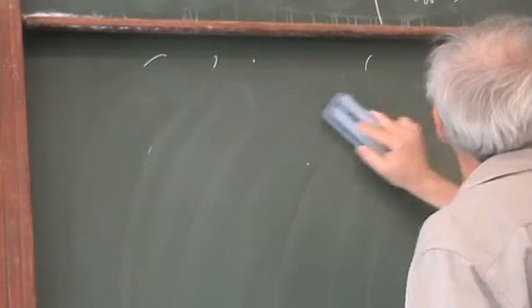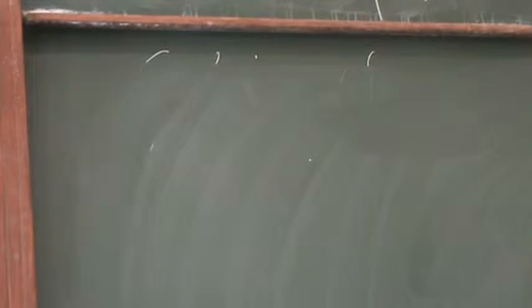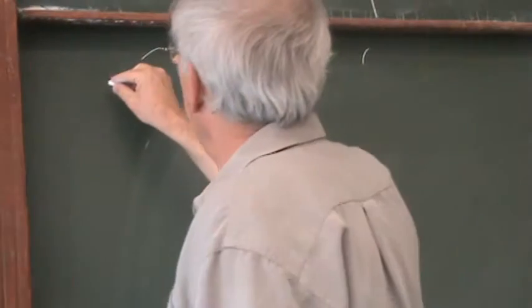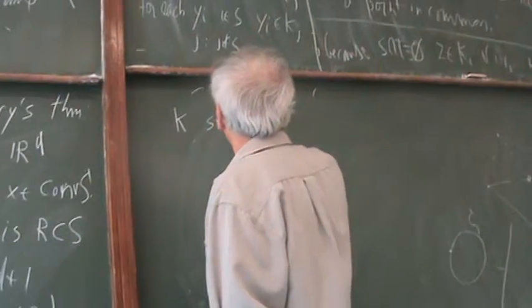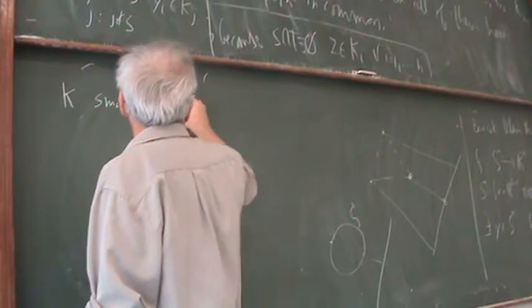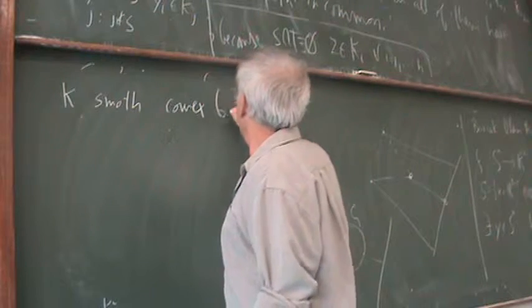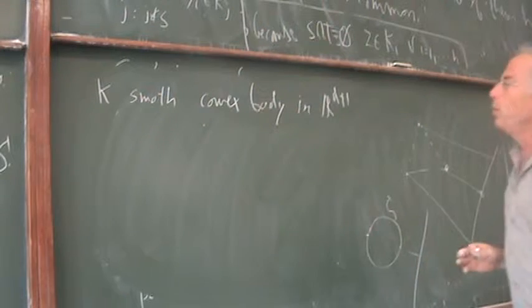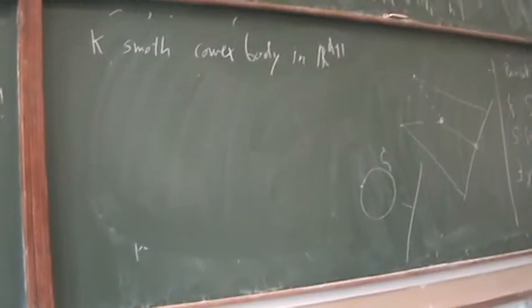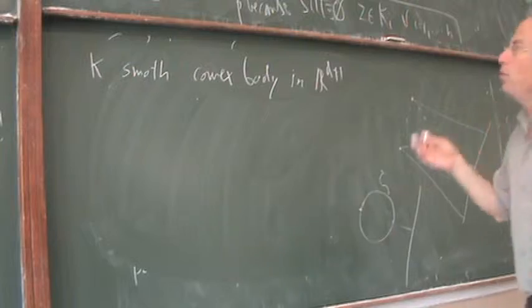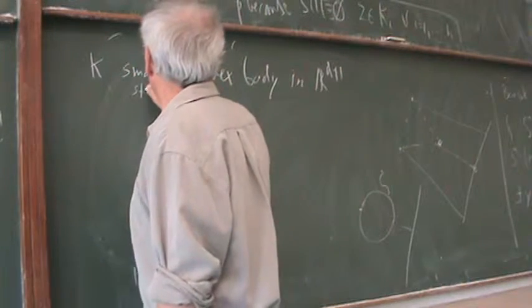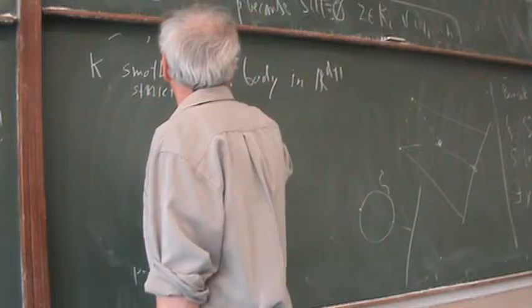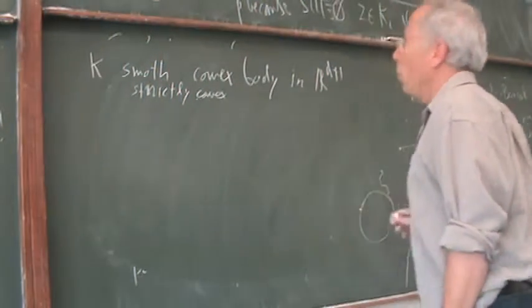Now let's see how it's related to Radon's theorem. I'll show you one relation, a consequence of the Borsuk-Ulam theorem. Let's say K is a smooth, strictly convex body in R^(d+1).